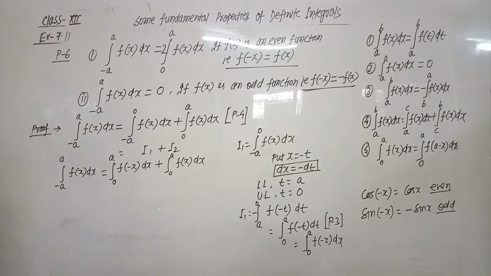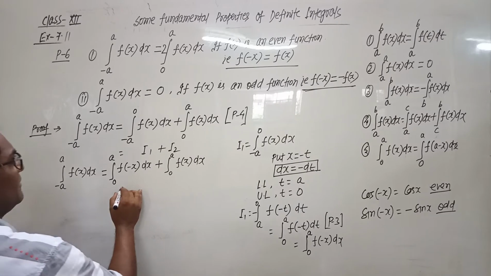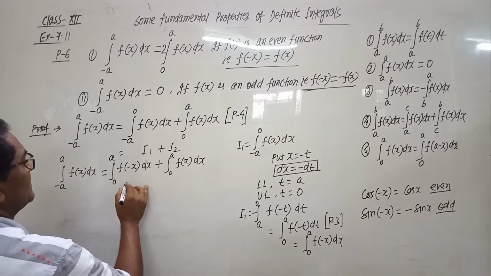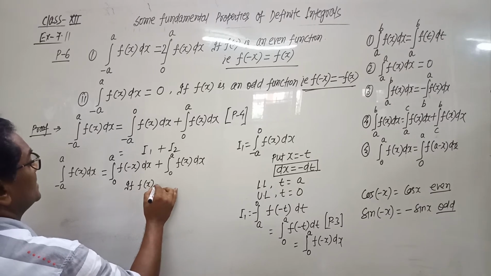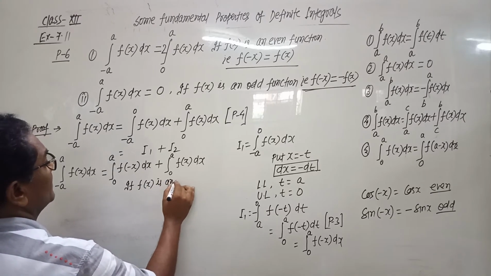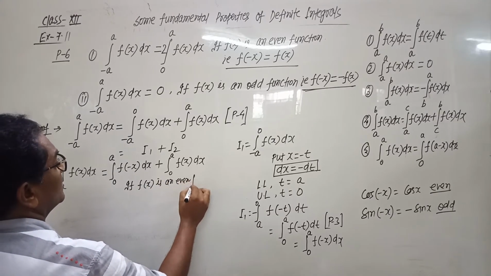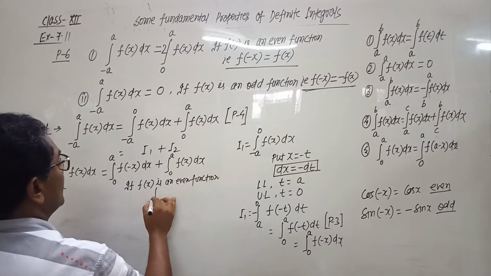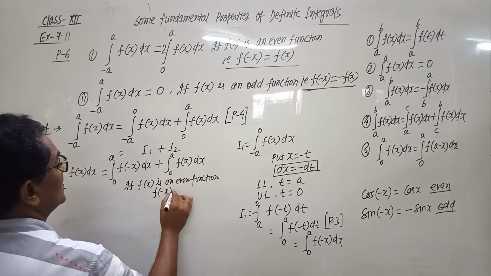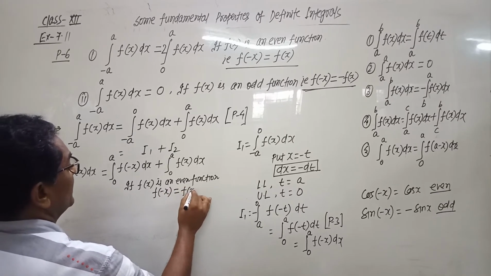Now let us take the case that f(x) is an even function. For an even function, f of minus x is written as f of x.